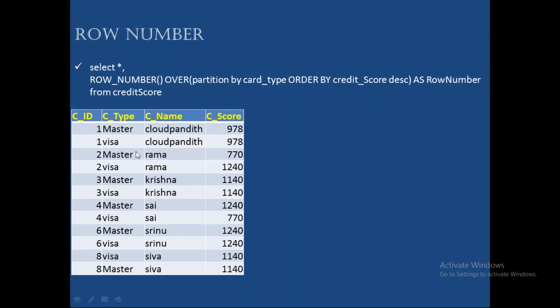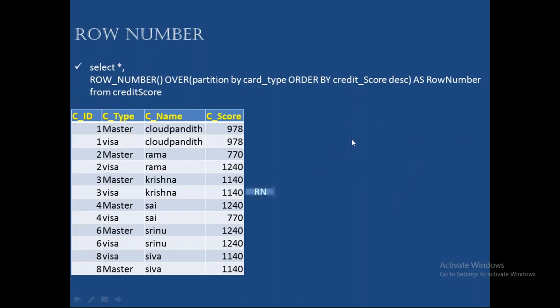When grouping the visa cards, whoever has the high credit score, that person's record should be at the top, then the second highest score person, then the third highest score person. On that basis I'm going to generate the row number.